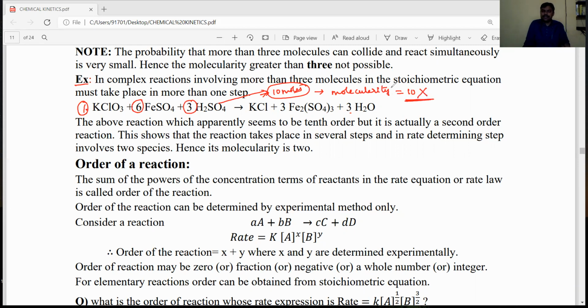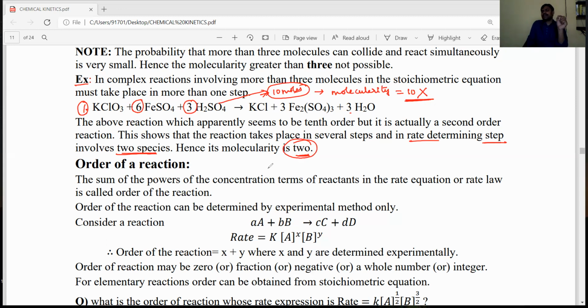This is a complex reaction, but its molecularity is actually 2, because the reaction takes place in several steps, and the rate determining step involves only 2 molecules. Hence, the molecularity is 2 for this complex reaction.